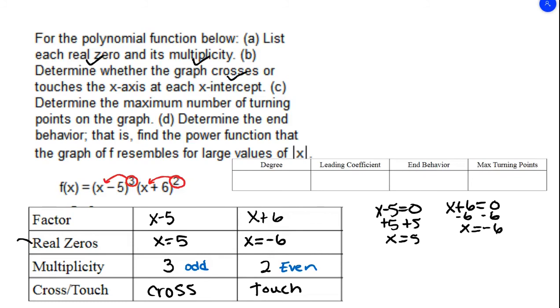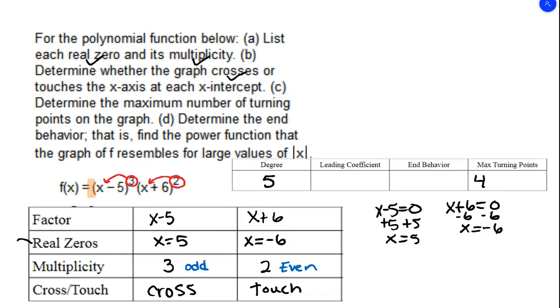So when it's in this factored form, the shortcut is that we can add the powers on the variables. So we've got a degree of 5 for this polynomial. And when we have a degree of 5, that means the maximum number of turning points will be 4, one less than the degree. The leading coefficient will help us determine the end behavior.